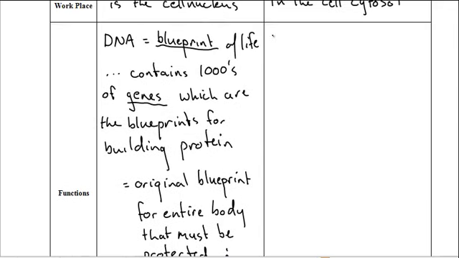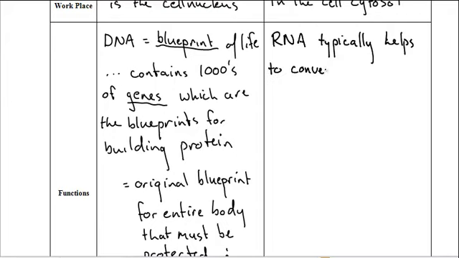RNA, there's several types of RNA, but RNA typically helps to convert the DNA blueprint into an actual protein.